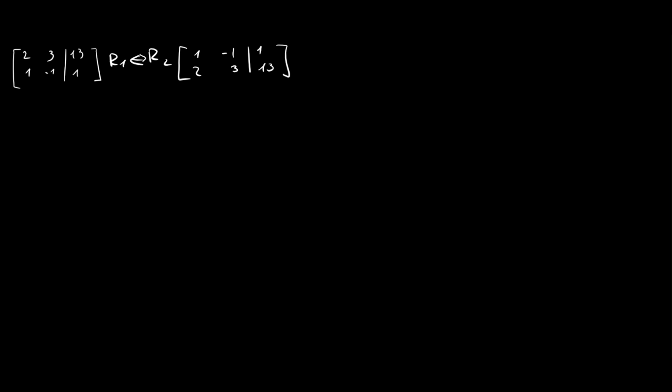So for that, we have to subtract row 1 from row 2 multiplied by 2. Okay, and the last step would be dividing row 2 by 5, because we want this number as 1.